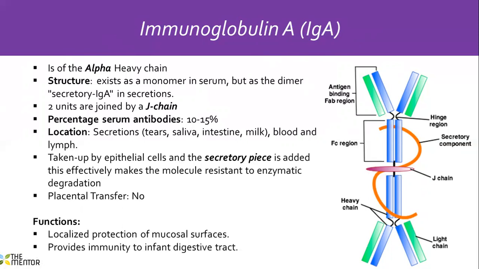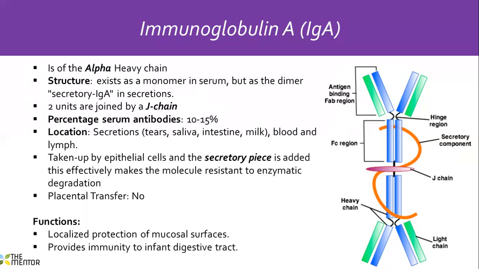IgA is important in the secretions, like in our saliva, our tears, the secretions in the intestines, and milk produced by mothers.